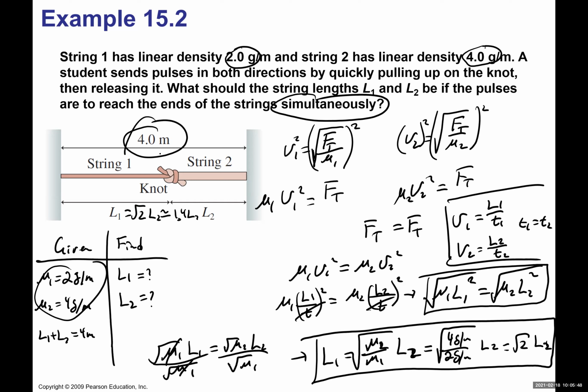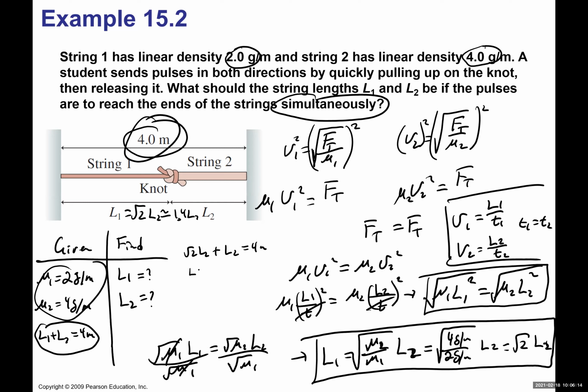Let's say, because we're given 4 meters, and we know that L1 plus L2 equals 4 meters, where L1 is square root of 2 times L2, then square root of 2 times L2 plus L2 equals 4 meters. Simple enough, right?